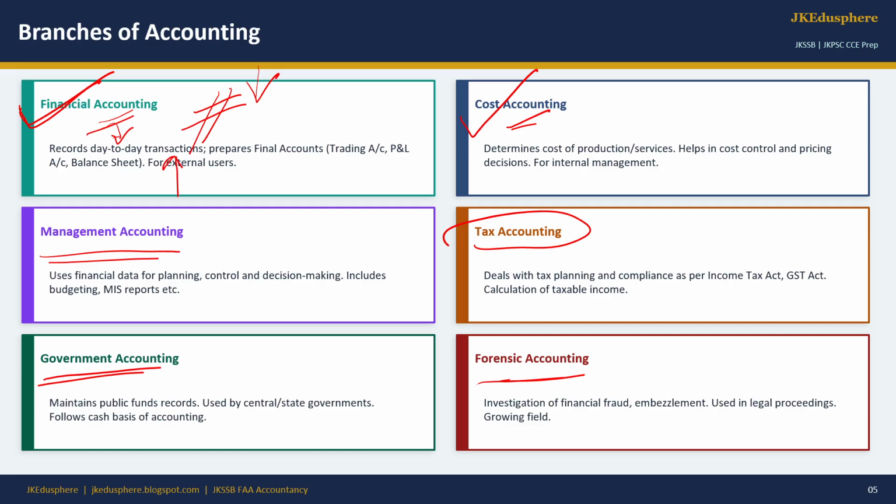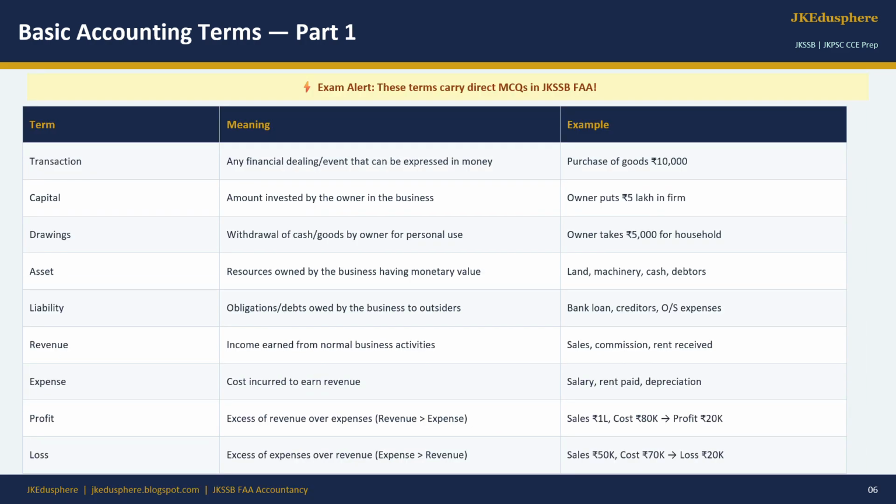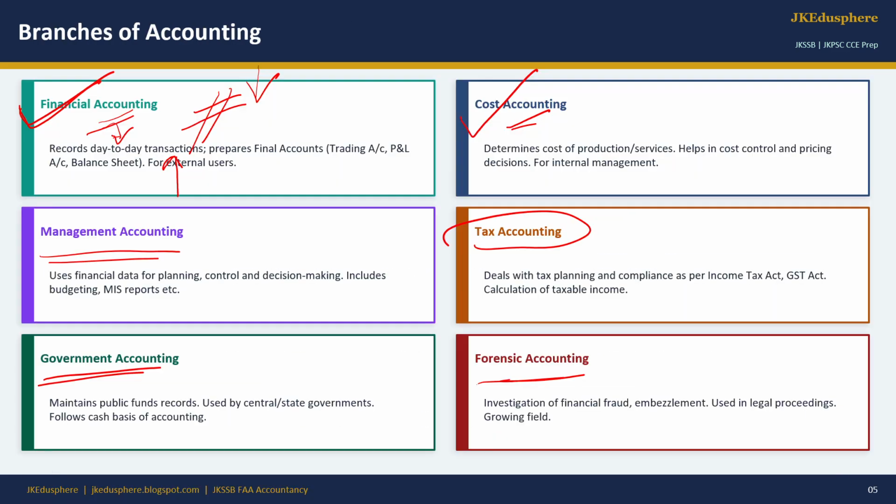In financial accounting, we also prepare final accounts: trading account, profit and loss account, and balance sheet. In cost accounting, we determine the cost of production and services. Cost accounting is the first part of a business.